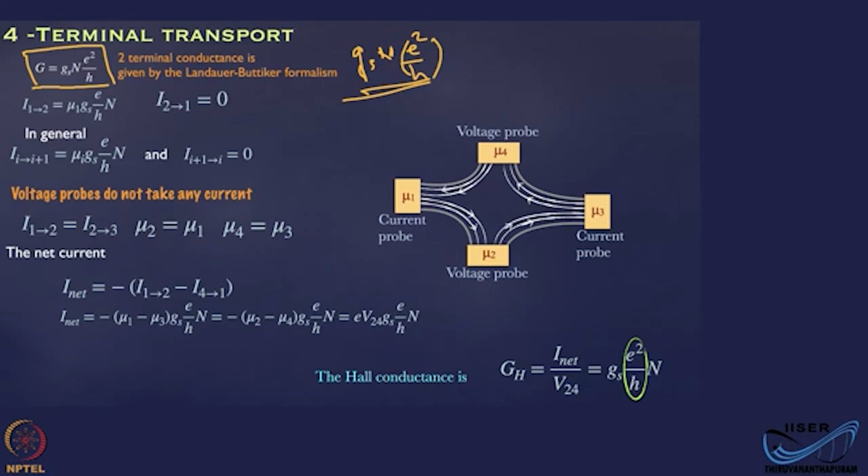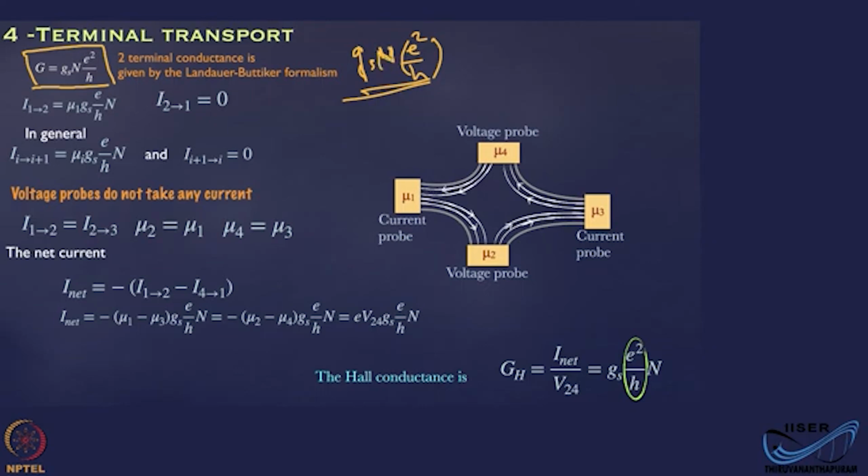This is for perfect reflectionless transport, where you inject carriers from one end and the carriers reach the other end. For each channel, e squared by h is the conductance. Then if there is spin degeneracy, you multiply by 2. If there are valleys, you multiply by the number of valleys, and again by the number of Landau levels or other channels. So that is this N here.